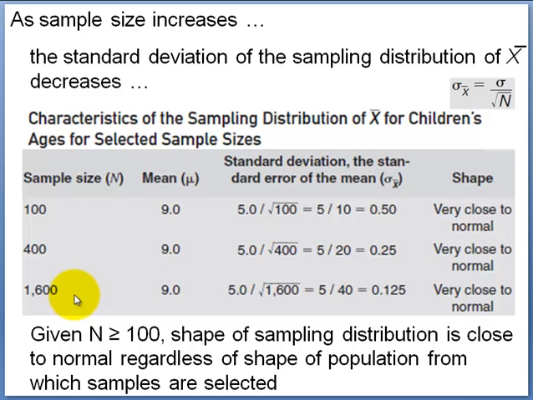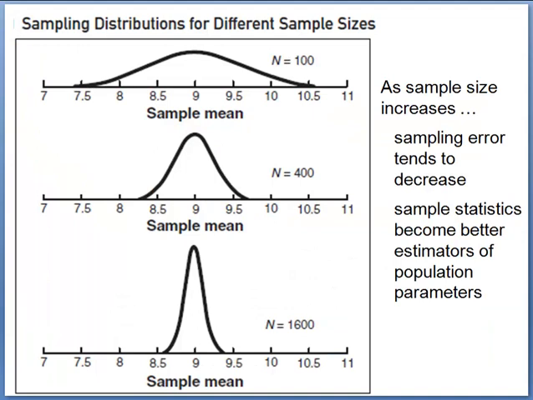And finally, we could up sample size to 1600, and we could carry out our calculation to see that the standard deviation becomes smaller still. It becomes 0.125 years. So this is demonstrating to us that as sample size increases, the standard deviation of the sampling distribution is decreasing.